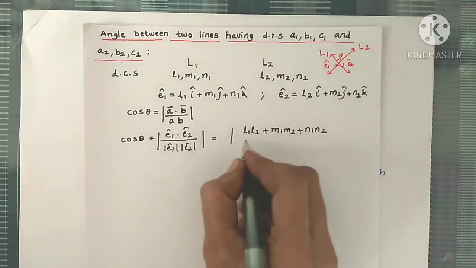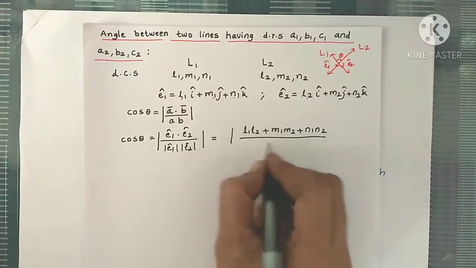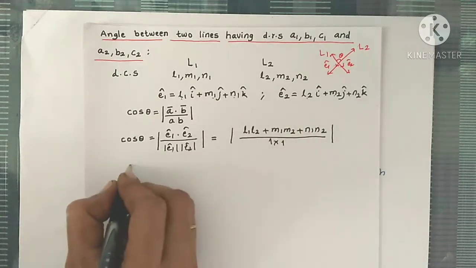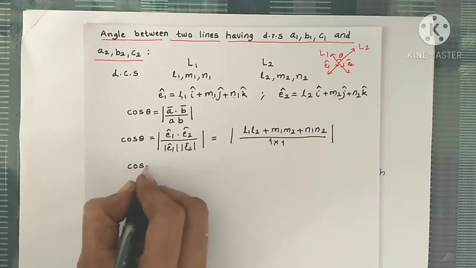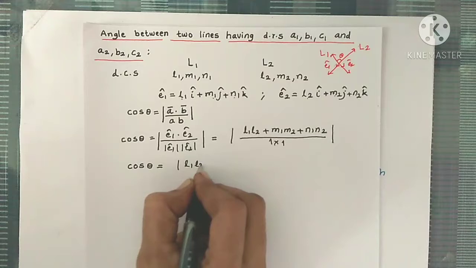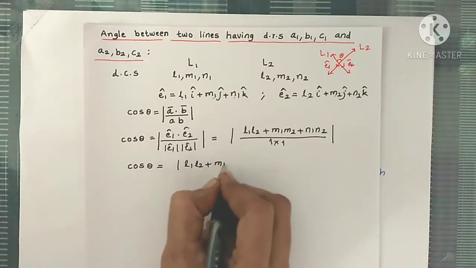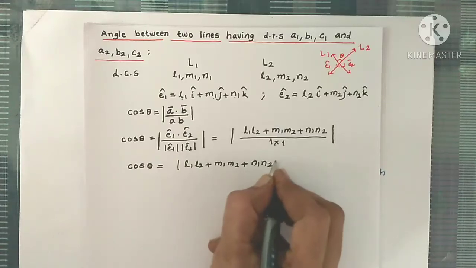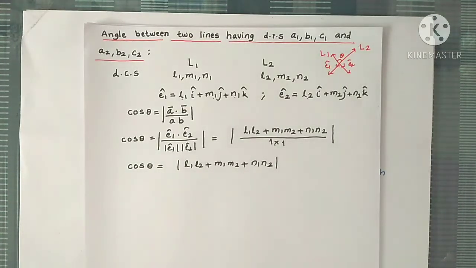Similarly, modulus of E2 cap is also 1. So the formula for cos theta is the modulus of L1 L2 plus M1 M2 plus N1 N2. This is in terms of direction cosines.